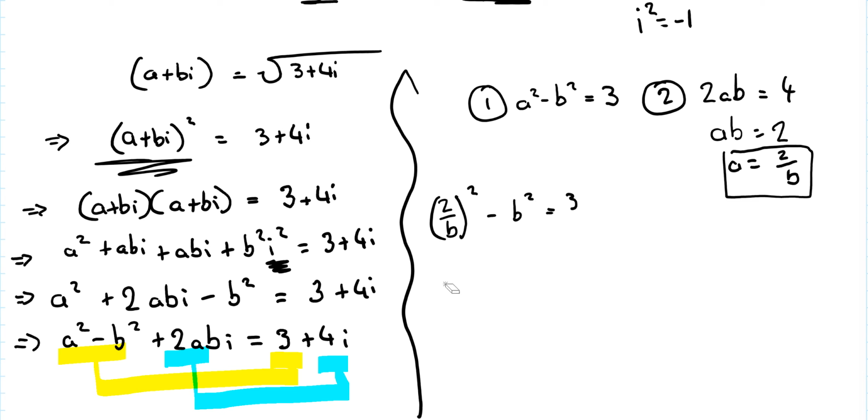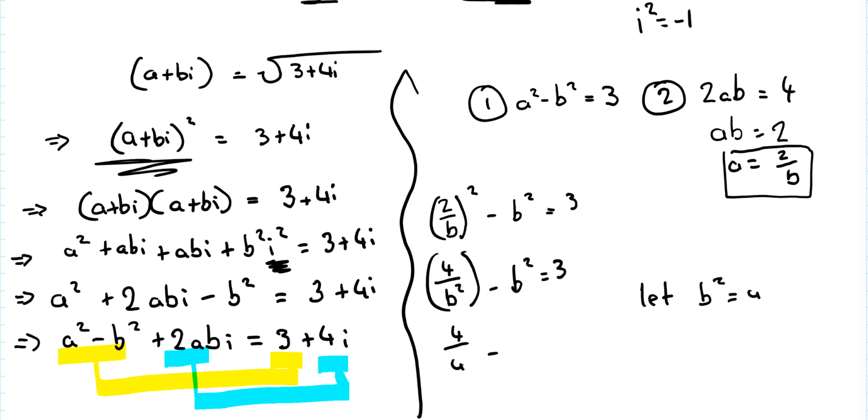How do I square fractions? Well, it's multiplying it by itself. So I'm getting 4 over b squared minus b squared is equal to 3. Okay, brilliant. But if I was to multiply everything by b squared now, I would have a b to the power of 4. So let b squared equal u. 4 over u minus u is equal to 3.